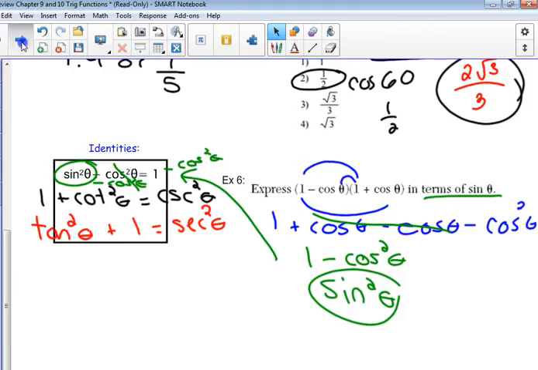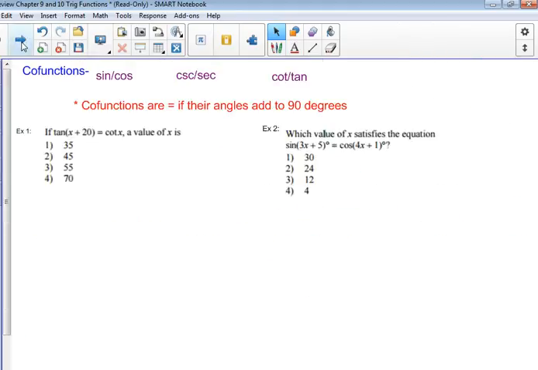Alright, last little part is quick. I've seen it come up, I think, twice ever on an exam. They're called co-functions. Co-functions kind of sound like they go together. Sine and cosine are co-functions. Cosecant and secant are co-functions, and then cotan and tan are co-functions.